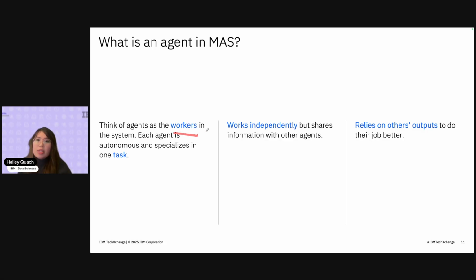Like in our restaurant example, there's the chef, there's the wait staff, there's the manager. And like I mentioned, each of them is autonomous and each of them specializes in one task. They work independently, but they talk with each other and they rely on each other's output to do their job better.